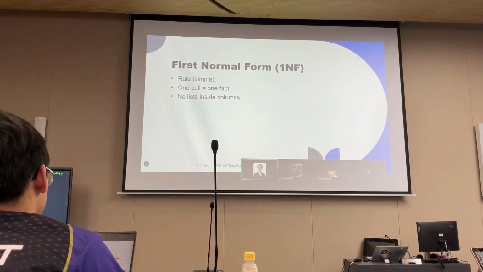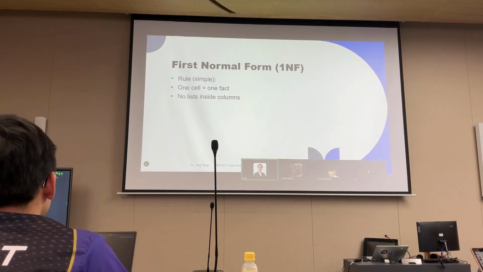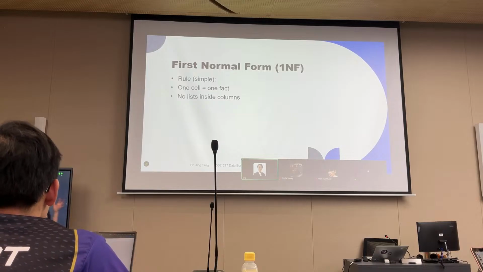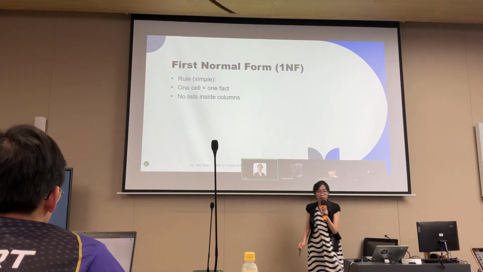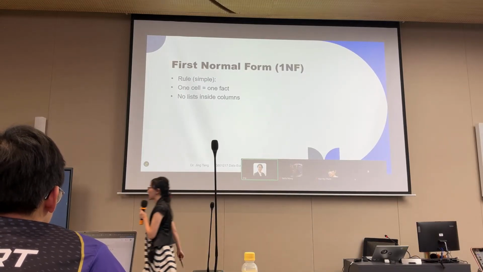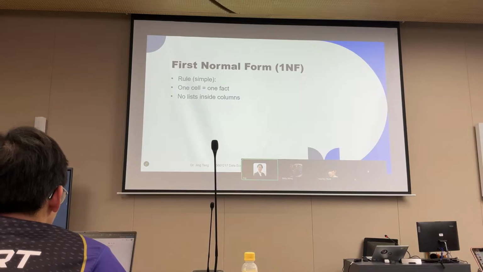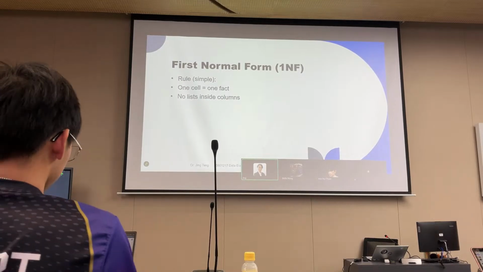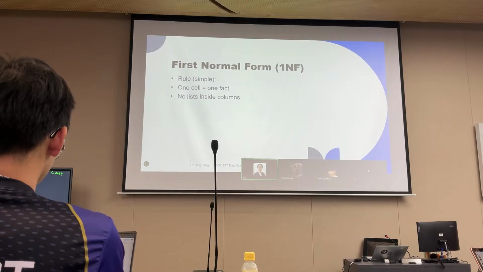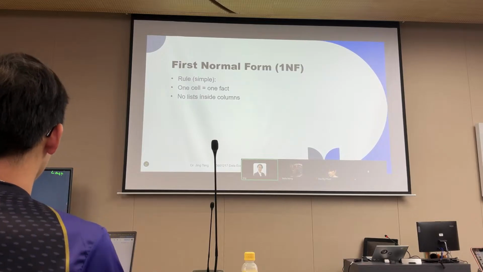But I want to reduce the difficulty, so in this class I only consider up to 3NF. One thing I ask you to remember is that if you satisfy 2NF, you must satisfy 1NF. If you satisfy 3NF, that means you already satisfy 1NF and 2NF.